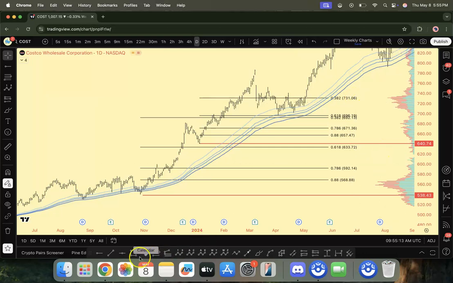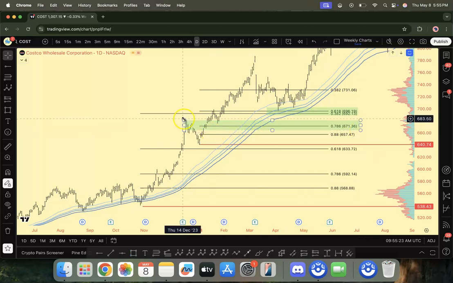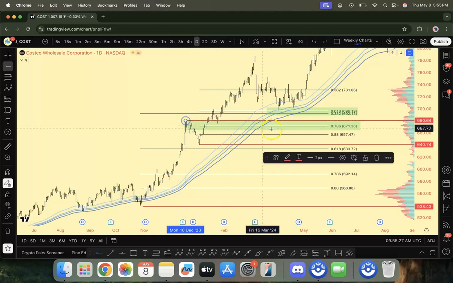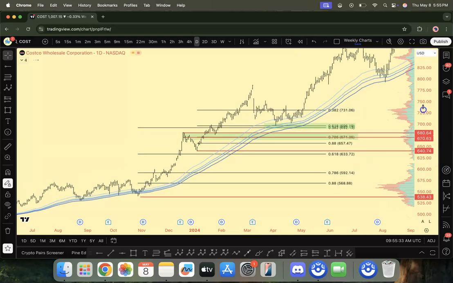So what am I going to do? I'm going to highlight these levels, right? So that's an entry that I want to keep a look at. And if I didn't know, I would have also looked at the 786. There's a lot of orders here or support on the left. So I'm going to put an order here, and I'm going to put an order here. So this is how I build up a possible position.